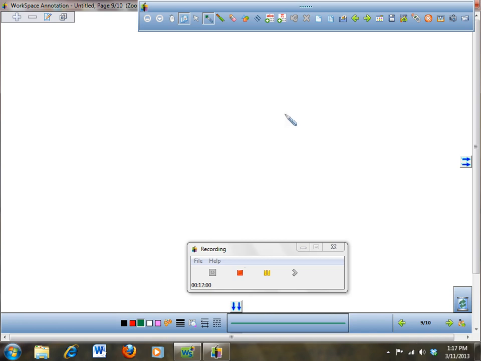I'm going to go like this. Very bad, okay? And then I'm going to go like that, and I'm going to draw in this part. There must be a better way. I'm trying to do it.